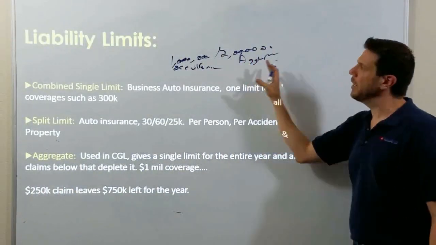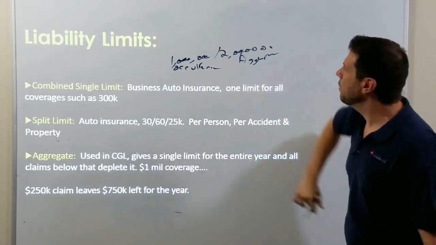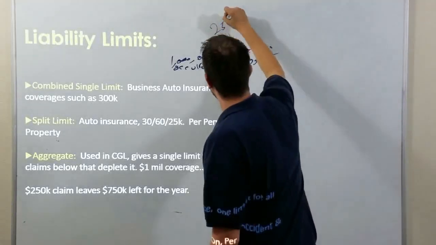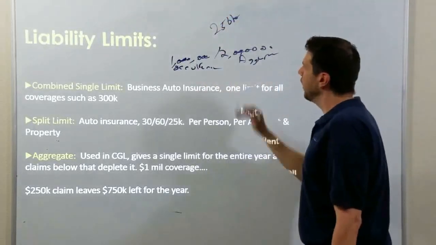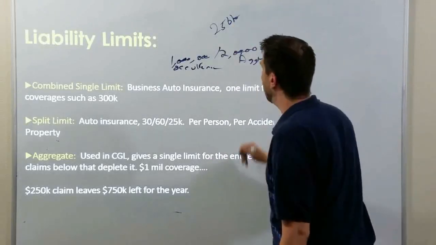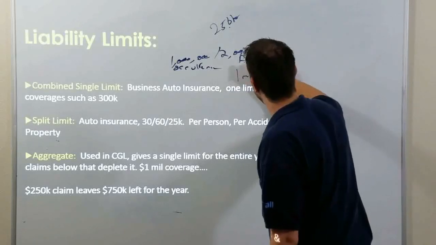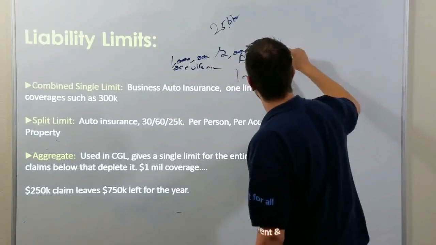We cover this a little bit later on in the liability section, but if you have a claim of $250,000, that's definitely under the $1 million limit, but then it depletes the aggregate. So after you have this claim, you then have for the rest of the year 1 mil, 1.75 mil.